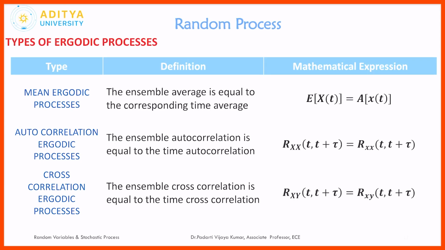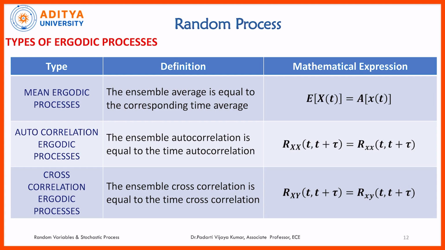Okay. So, ergodic random process is also classified into 3 types. There we have seen different types of stationary random process. Here ergodic random process is classified into 3 types. Based on the mean parameter, it is called mean ergodic random process. If ensemble average is equal to time average, then we call it simply a mean ergodic random process. If the ensemble autocorrelation function is equal to the time average autocorrelation function, then we call it an autocorrelation ergodic random process.